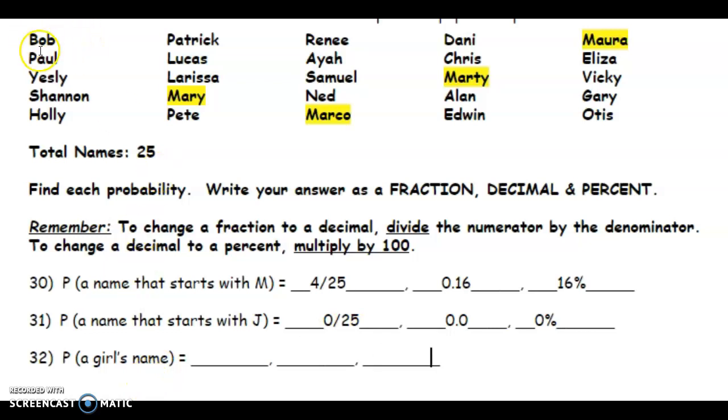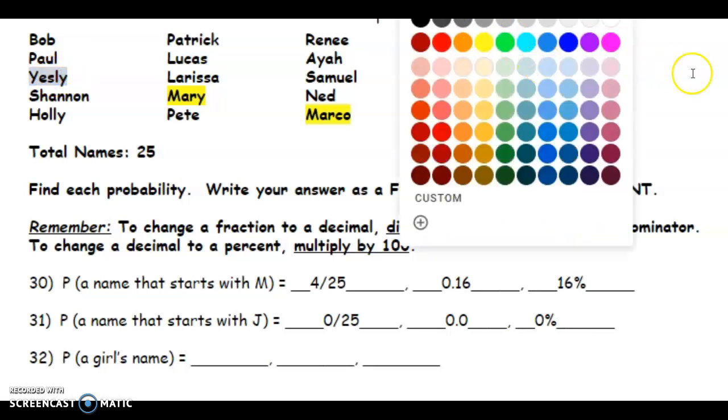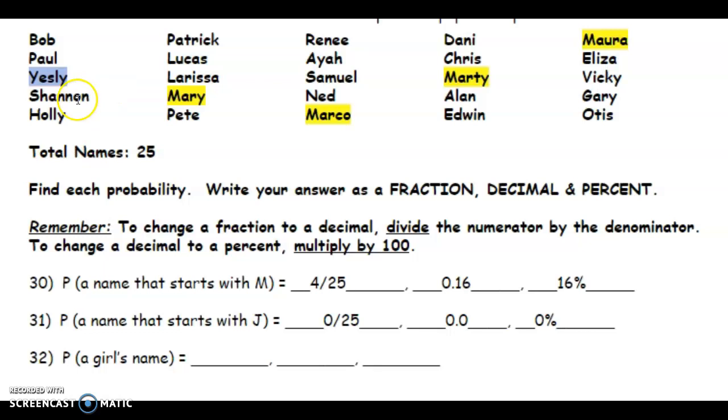Now let's look. Bob, Paul, maybe Jaisley could be a girl's name. Let's put it in purple. Let's say Shannon. Let's do Holly. Let's say Larissa is a girl.